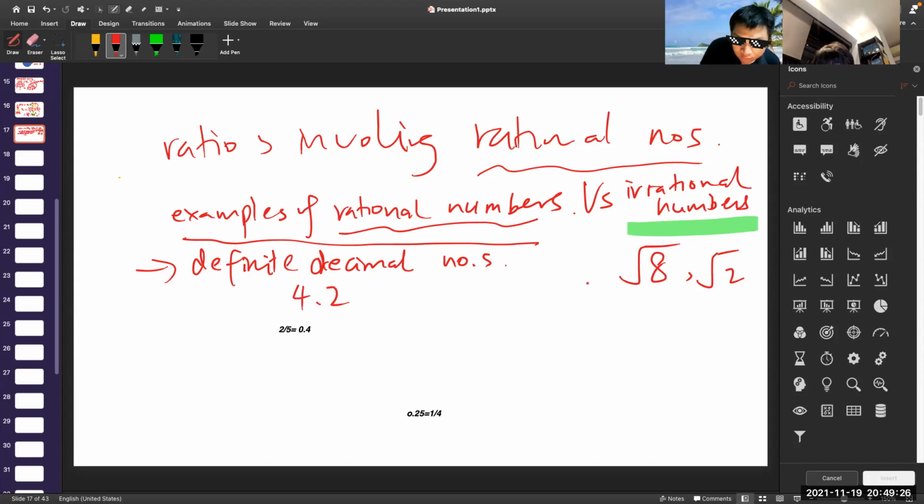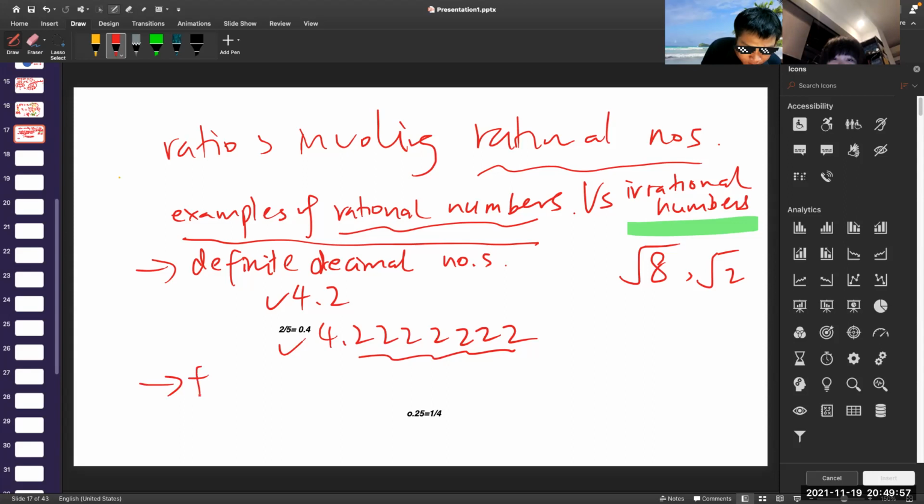Okay, 4.2 it stops. And then 4.2222222. There is a pattern to it. So these two, they are rational numbers.